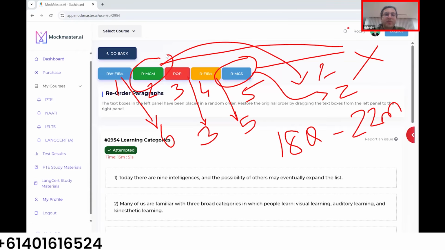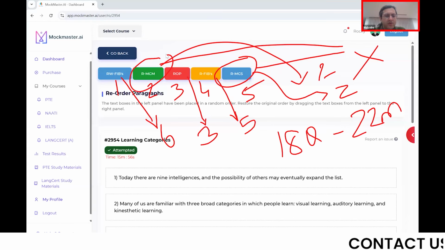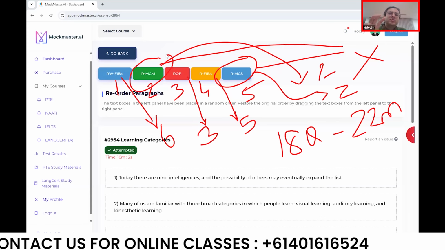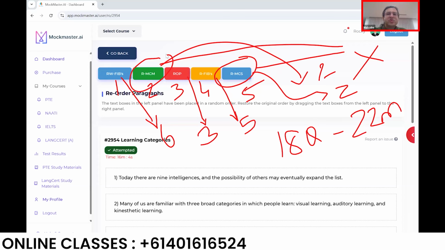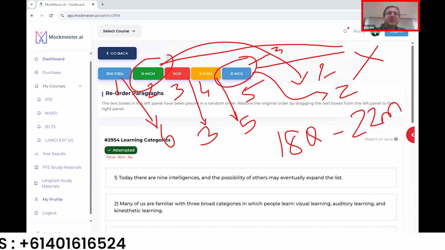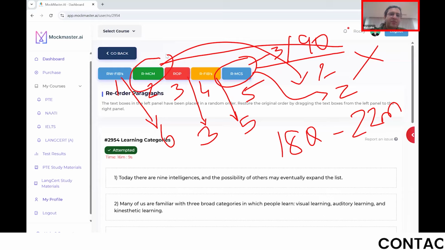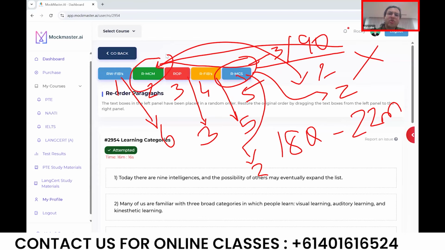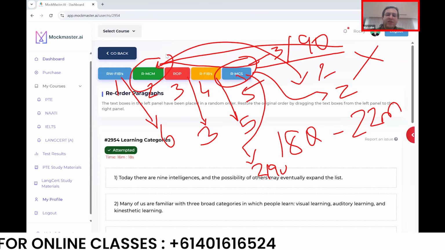Can you afford to lose time in multiple choice tasks? No, you cannot. Do they matter? No, they don't. That much. So probably from multiple choice, choose multiple answers, the maximum score you will be getting is, let's say, 3 points out of 90. Maximum, I'm saying, okay? And from multiple choice, single answer, probably 2 points out of 90.